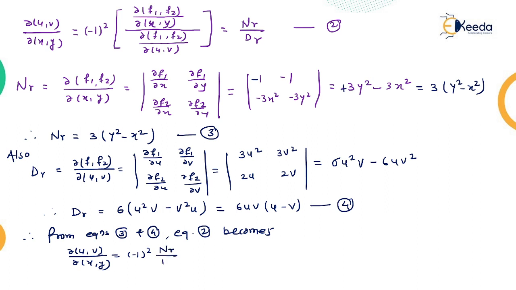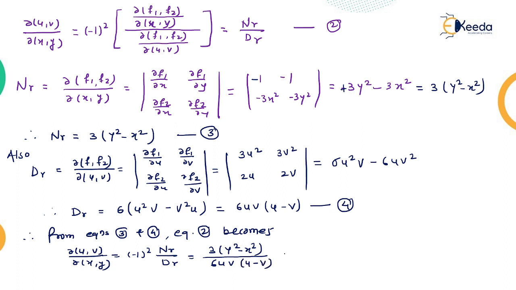Minus 1 whole square is 1, the numerator is 3(y² minus x²), and the denominator is 6uv(u minus v).